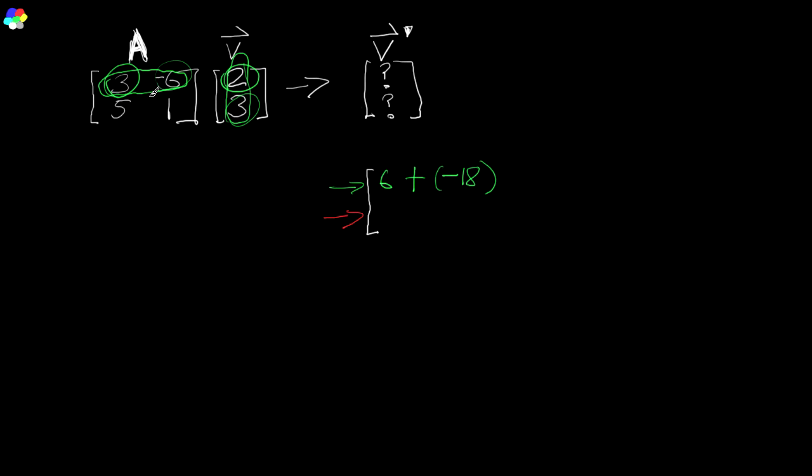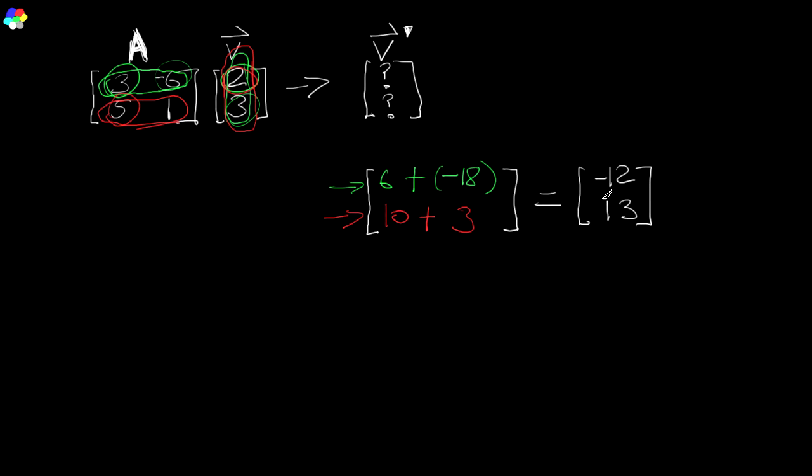Since we're doing the second row of the vector, we're going to use the second row of the matrix. And we only have one column to use in the vector, so we're going to use that one again. It is 5 times 2 is 10, plus 1 times 3 is 3. Then you add those up and you get the result of negative 12, 13. So vector v multiplied by the matrix A is equal to negative 12, 13.